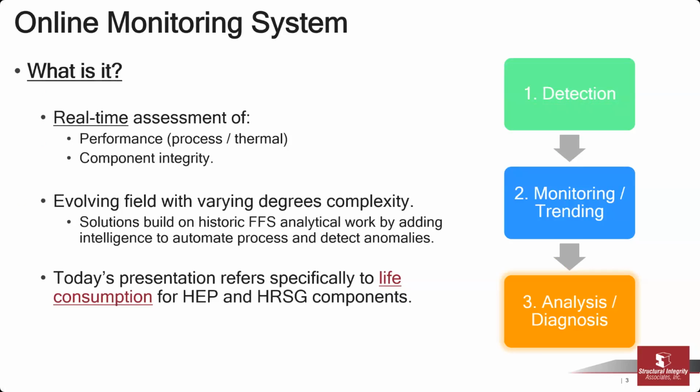So what is an online monitoring system? We take existing instrumentation that's already installed on the unit, things like temperature, pressure, steam flows, valve positions, and then we added additional temperature instrumentation. There were over 64 instruments per unit, so we could get the exact temperatures of various components.